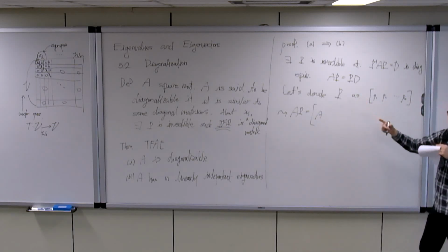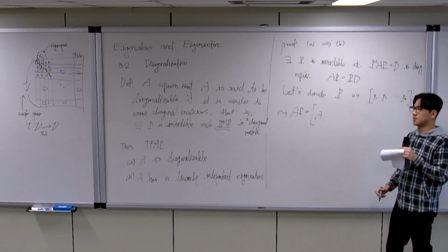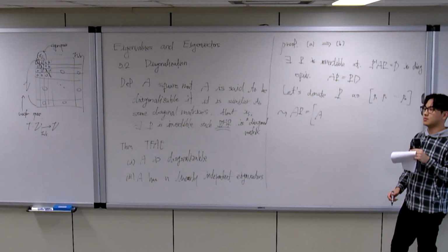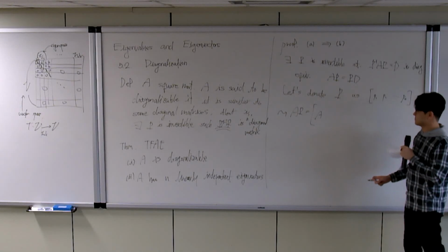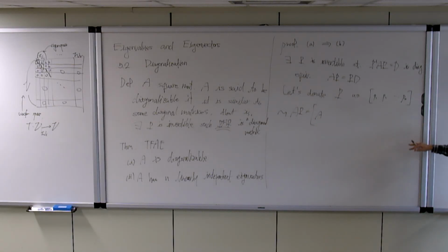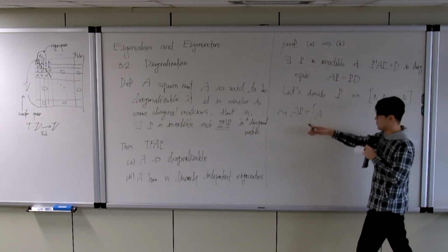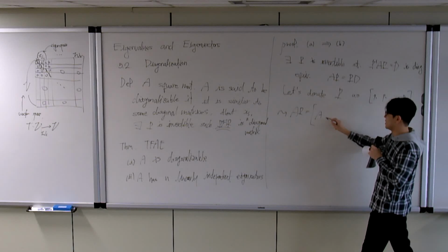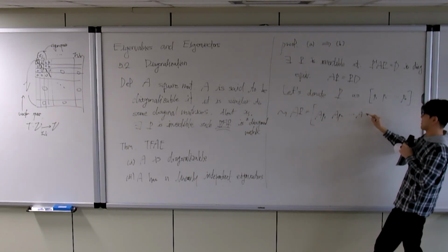If the two matrices are the same, it means APi is equal to lambda i Pi, and it means lambda i is an eigenvalue of A corresponding to the vector Pi.